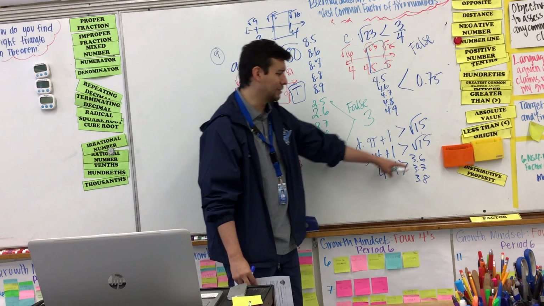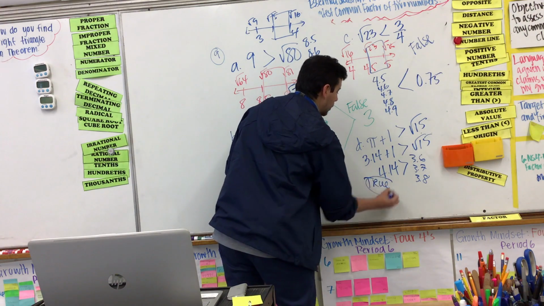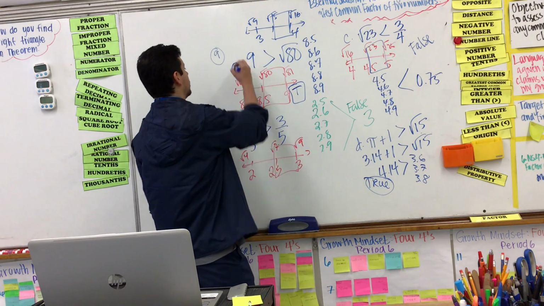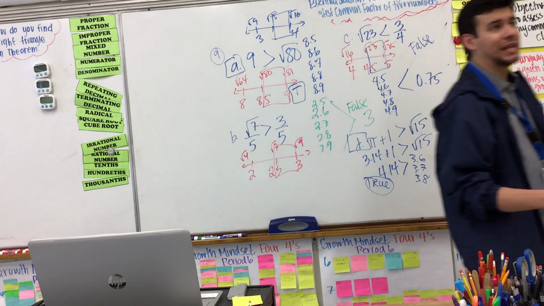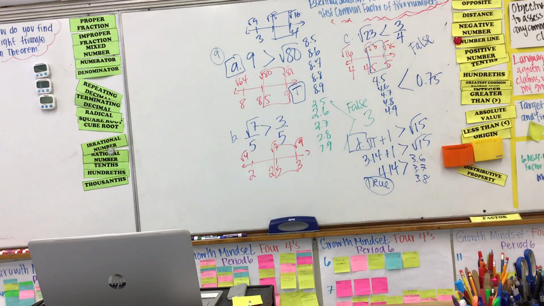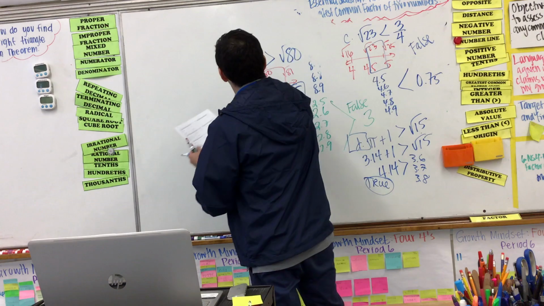Yeah, 4 is bigger than 3. So this one was true. So your final answer should have been letter A and letter D. Those were the answers for number 9. I know it's a lot of work, but notice that it's basic work, quick work. It's pretty straightforward.